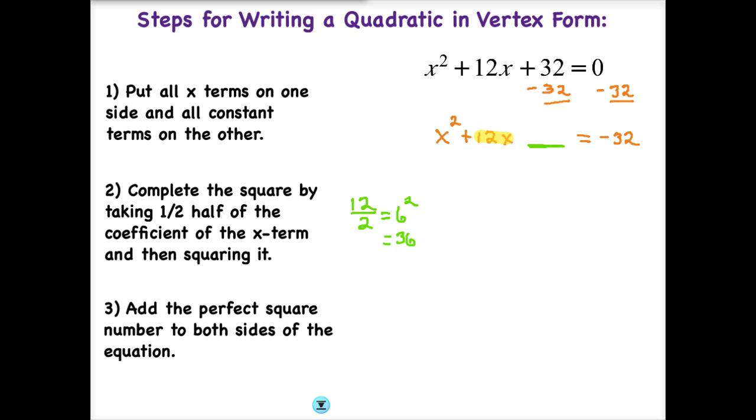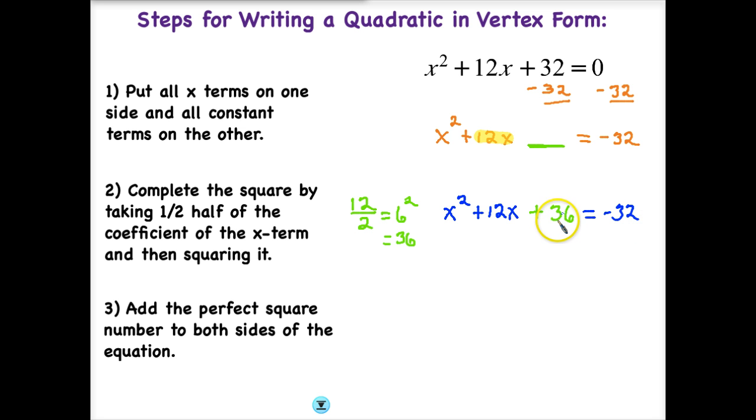So our new equation is going to look like this. x squared plus 12x, and now we have this 36 here, so plus 36, and this is going to create a perfect square for us, and I'll show you what that means. And it equals negative 32. Now some of you may have already figured out we have a problem here.